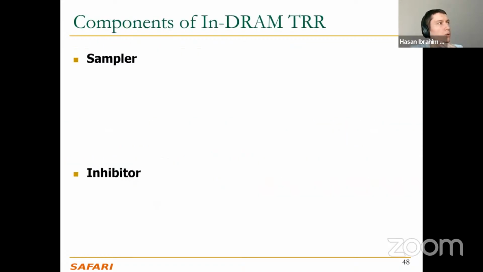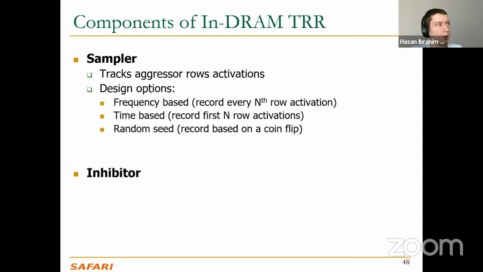Here is our hypothesis about the operation of in-DRAM TRR mechanisms in the TRRespass paper. We suspected that it is composed of two components, sampler and inhibitor. The sampler is the aggressor row detection logic. Here are three high-level design options. It could be frequency-based, such that every nth row activation is sampled as a potential aggressor row.